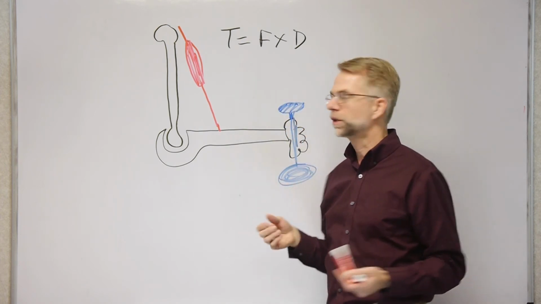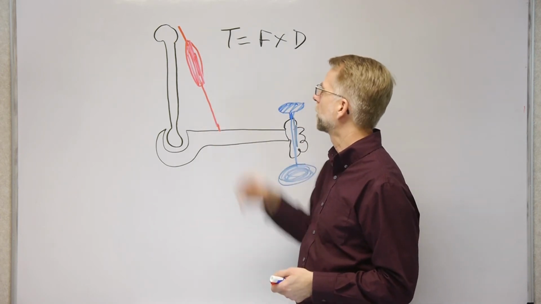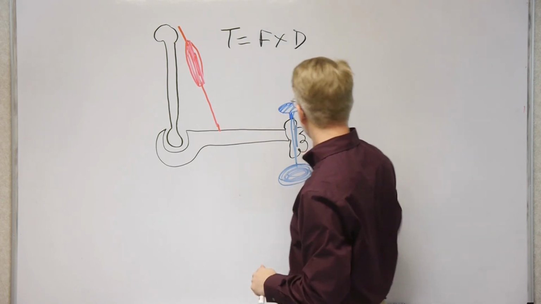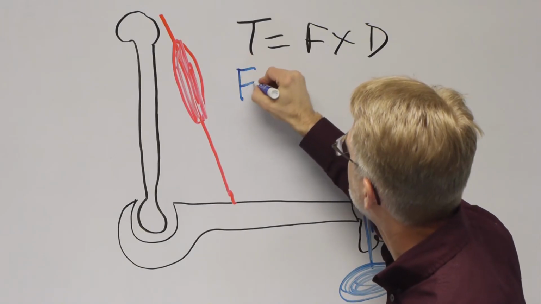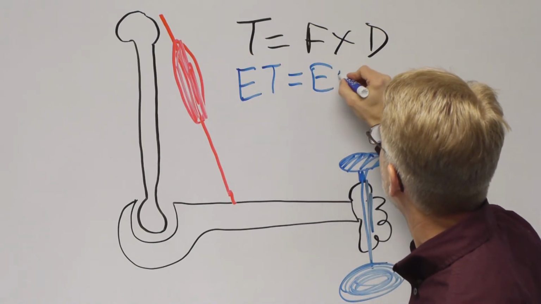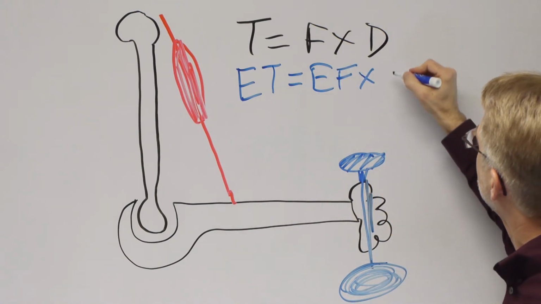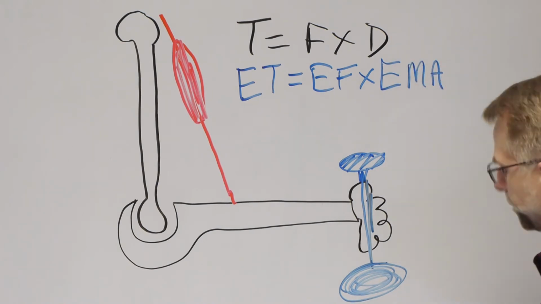We call those external torques. Torques created inside the body, that is by the muscle, are internal torques. So here we have the torque created by the weight, and that is expressed by external torque equals external force times the distance, and the distance we call the external moment arm.